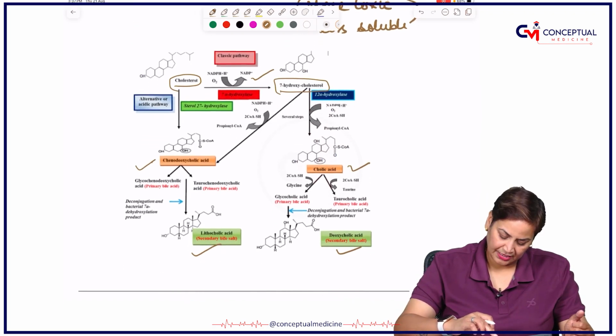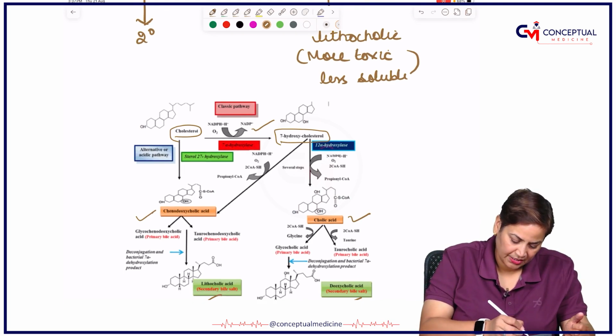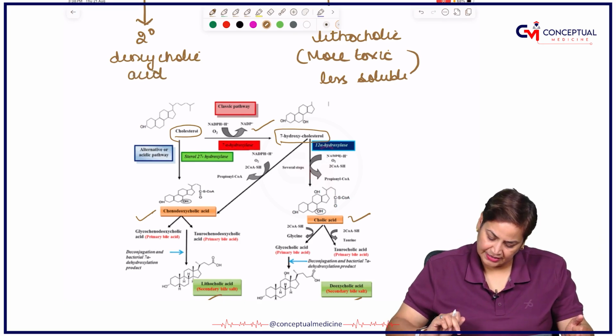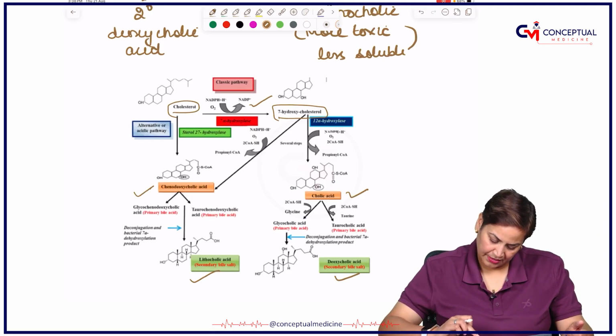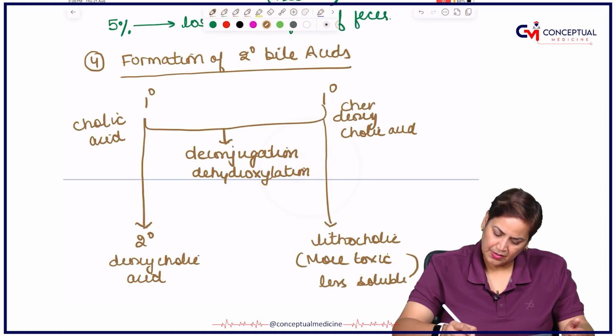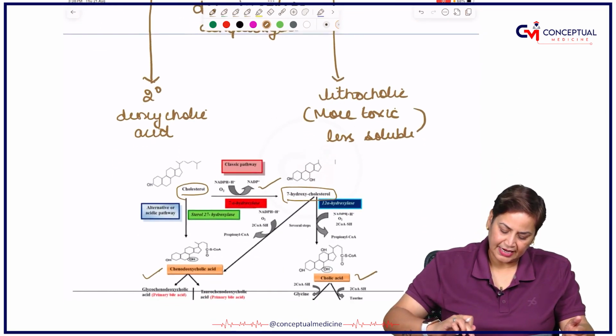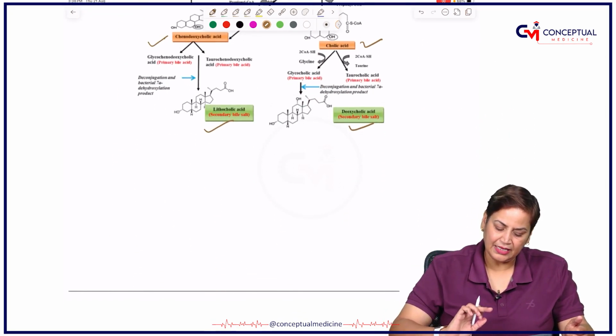Let me write here also that the lithocholic acid and deoxycholic acid are produced. And you can here see cholic, lithocholic, deoxycholic acid is here, right. So this is formation of secondary and primary bile acids.